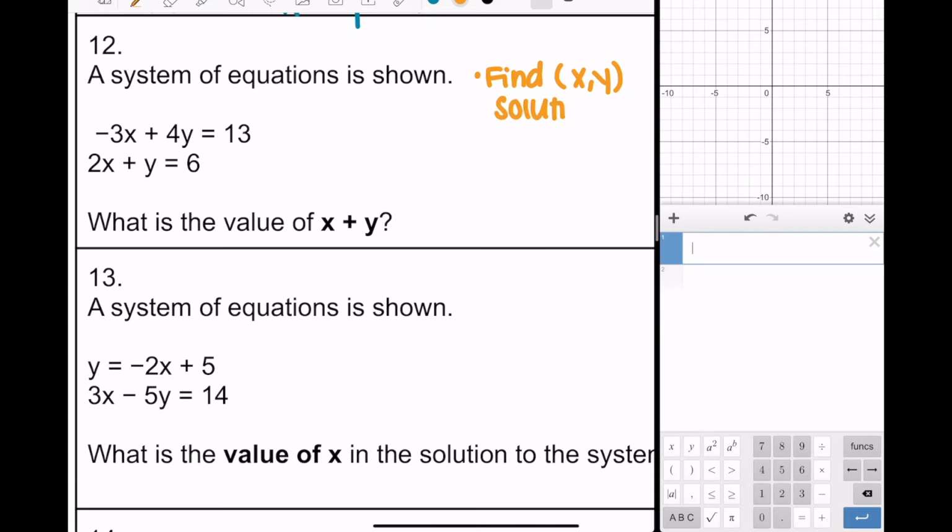That's going to be our first thing that we do, and then we're going to add X plus Y. So step one, we need to graph these and find that intersection.